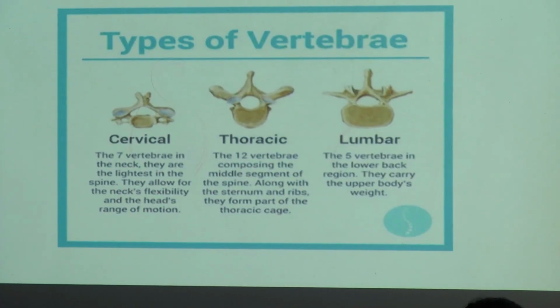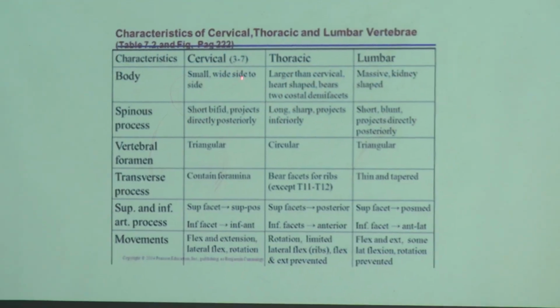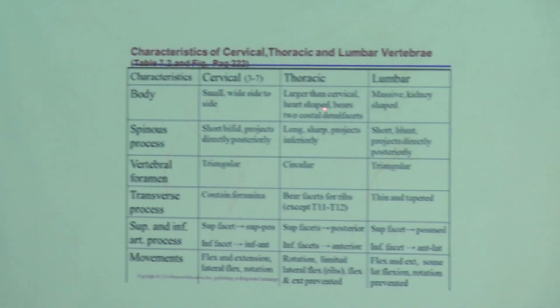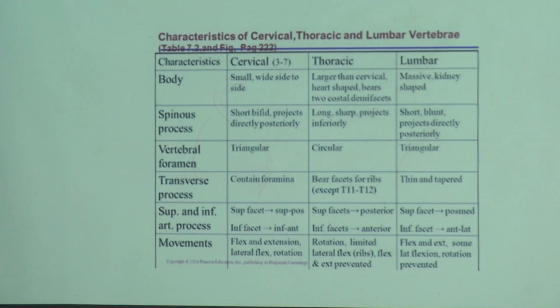And next the foramen transversarium, which is present only in the cervical vertebra. So first is the cervical, then thoracic and lumbar. First is the body, which is quadrangular in the cervical, kidney shaped in the thoracic and heart shaped in the lumbar.